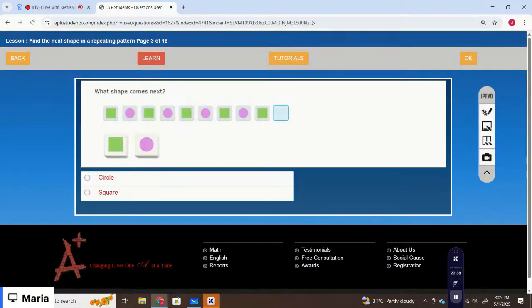What shape comes next? That is a square and circle, and they keep repeating themselves. So after the square, the next one in the sequence is circle. It is option number one is the correct option.